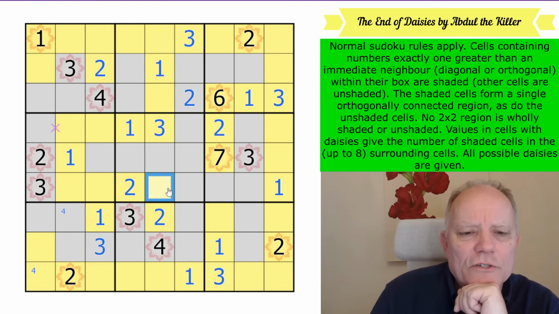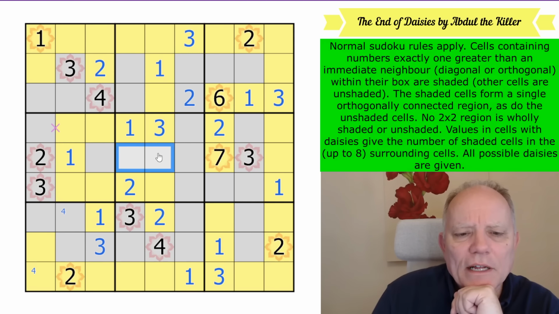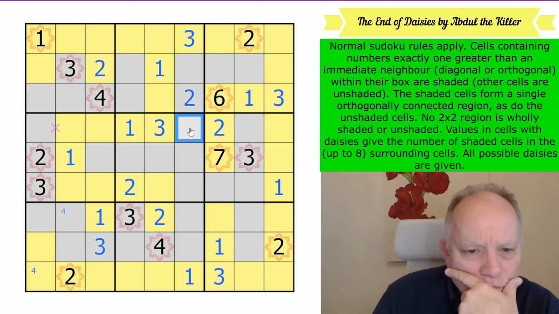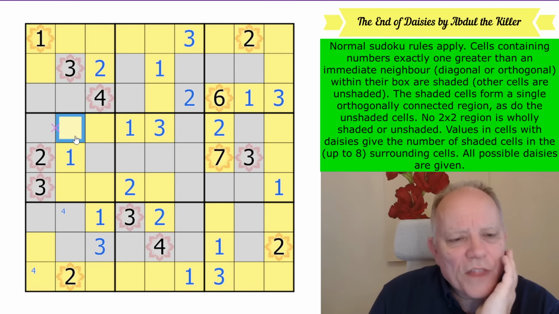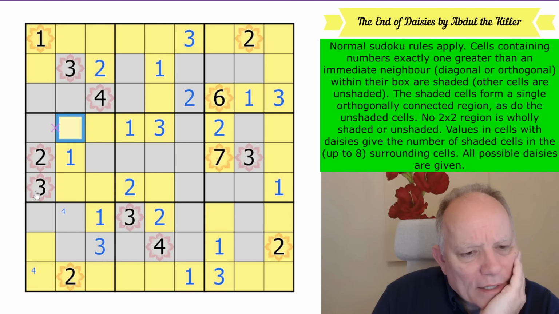That's definitely an interesting spot because it's yellow and yet it sees all of these, so its lower digit has to be there. So that yellow, it's the digit 1 below it has to be here somewhere.